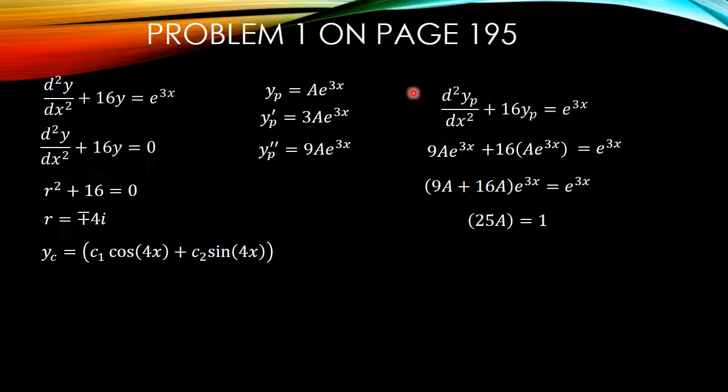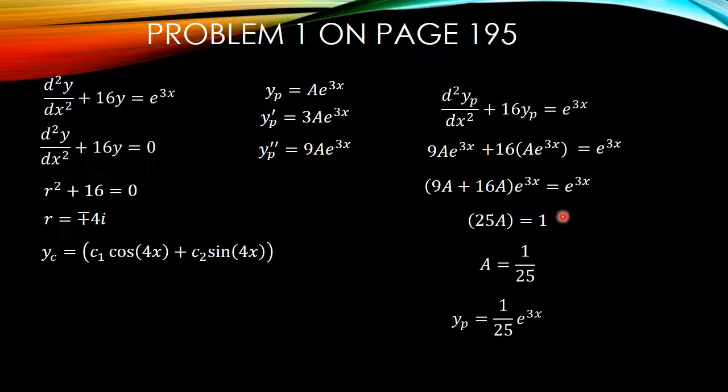now the trick is we have coefficients. I have a coefficient here of 25A and a coefficient here of 1. So I have to make these coefficients equal. The only way I can do that is if A is 1 divided by 25.